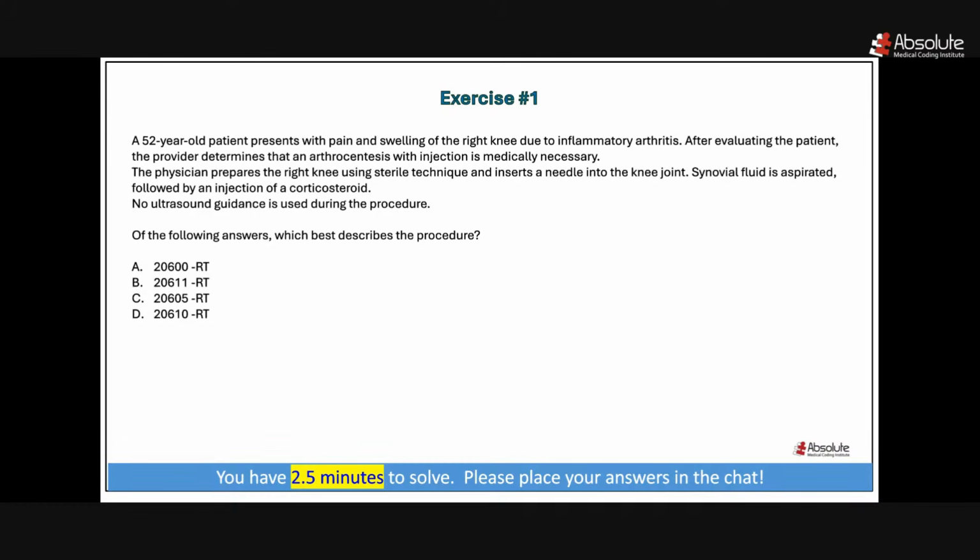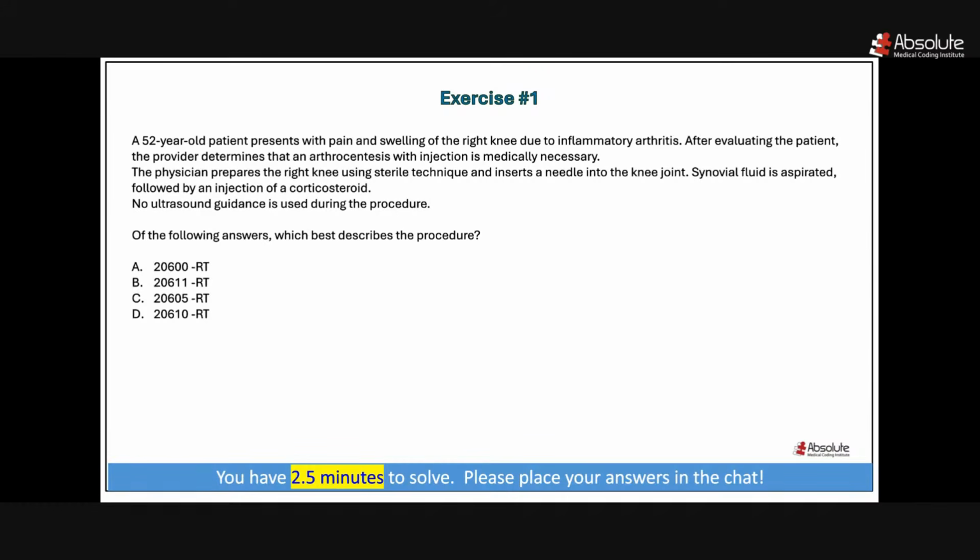After evaluating the patient, the provider determines that an arthrocentesis with injection is medically necessary. The physician prepares the right knee using sterile technique and inserts a needle into the knee joint. Synovial fluid is aspirated, followed by injection of corticosteroid. No ultrasound guidance is used during this procedure.